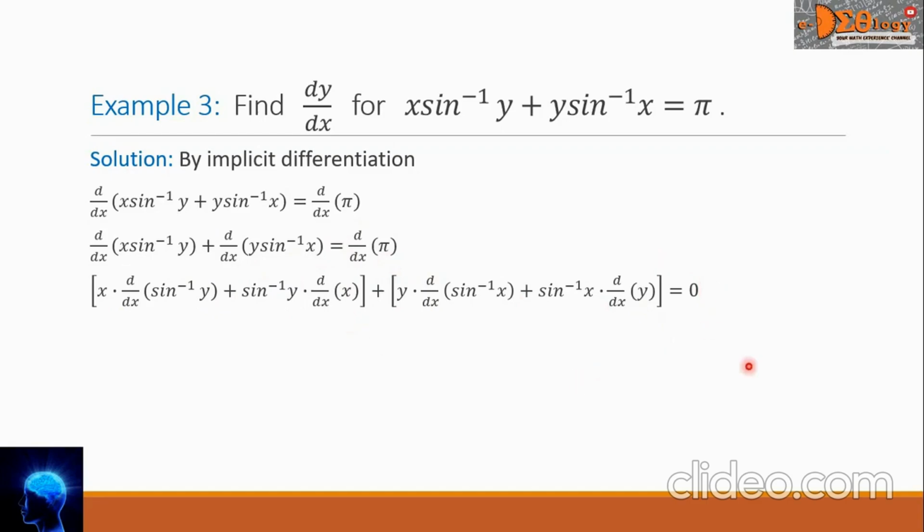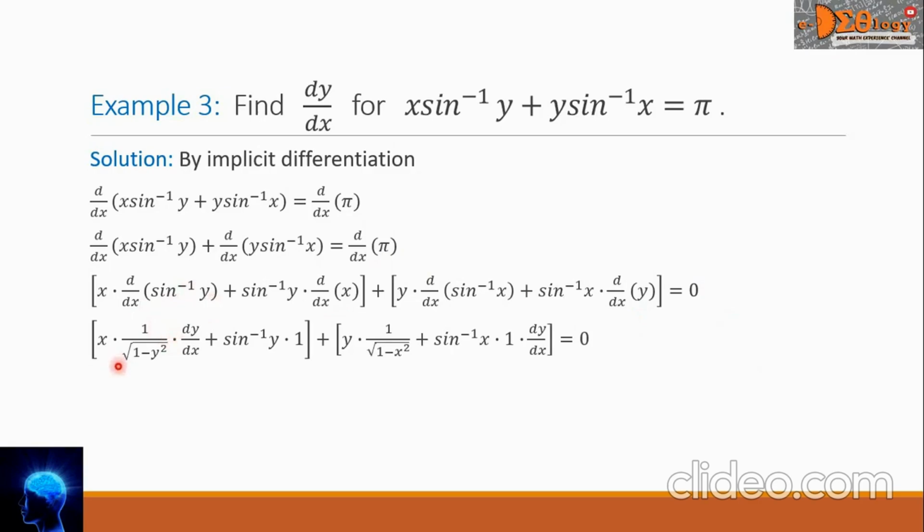The next step is we're going to evaluate the derivatives respectively. So derivative of sine inverse of y is now 1 all over the square root of the quantity 1 minus y squared times dy over dx.